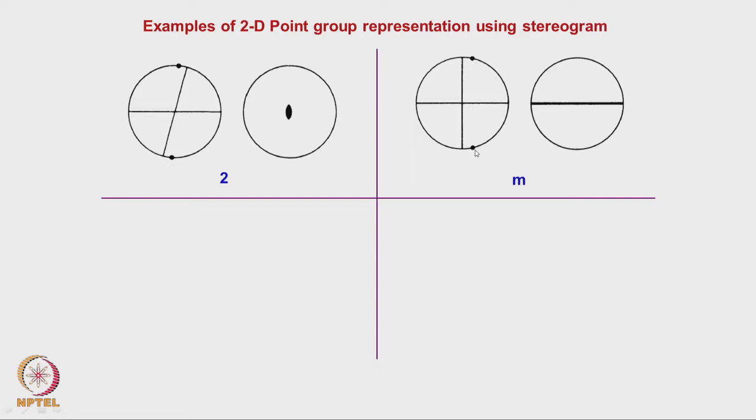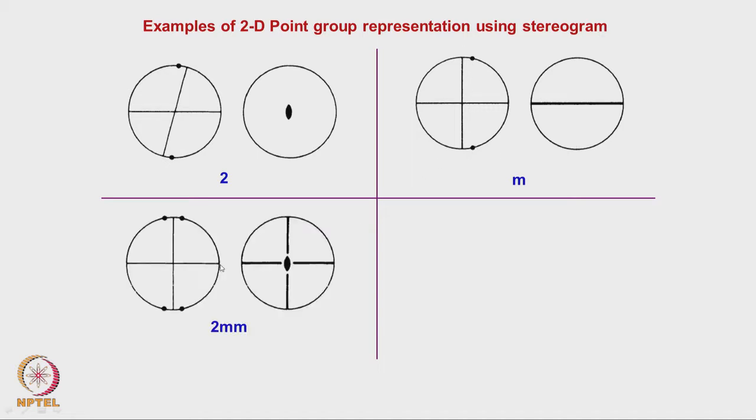Suppose this is for a 3-dimensional crystal, possibly the point may come inside and its reflection will come inside. That we will come to later. But this subtle difference one should know: for two-dimensional lattices, all the poles which we show are going to be on the circumference.